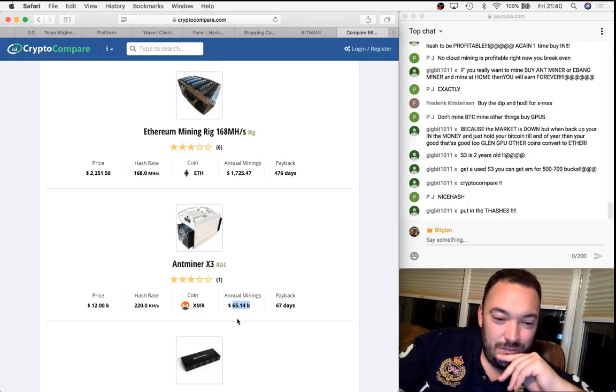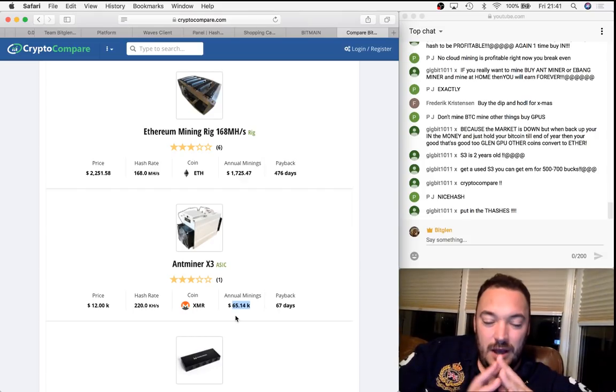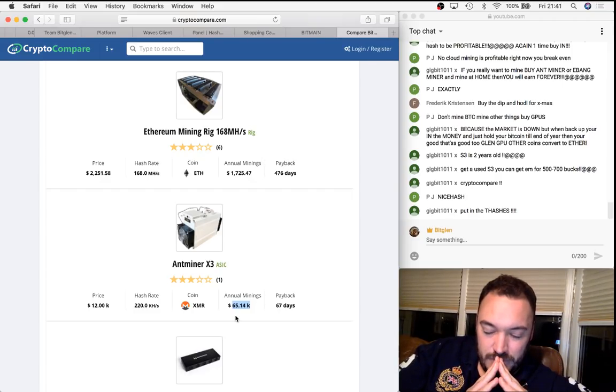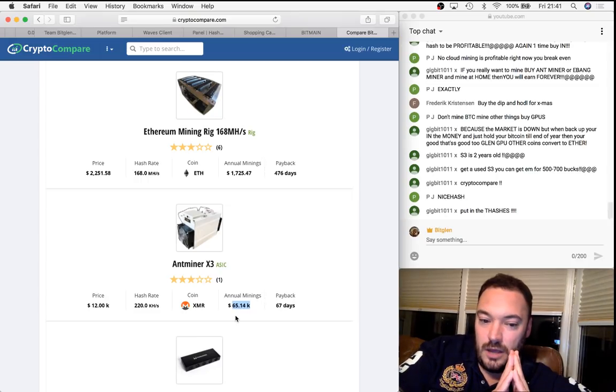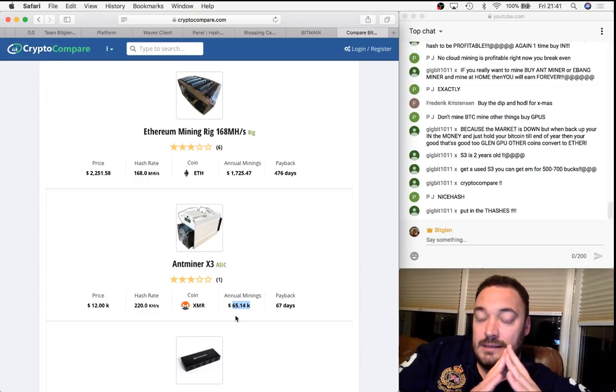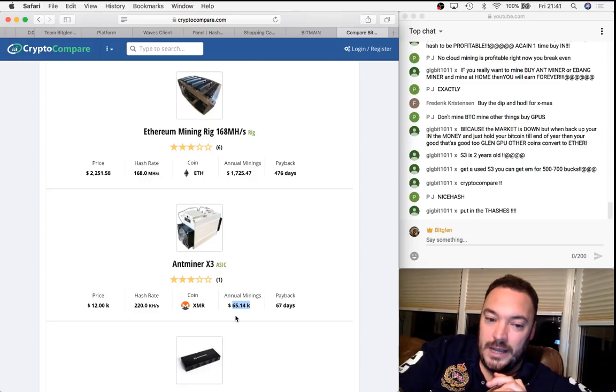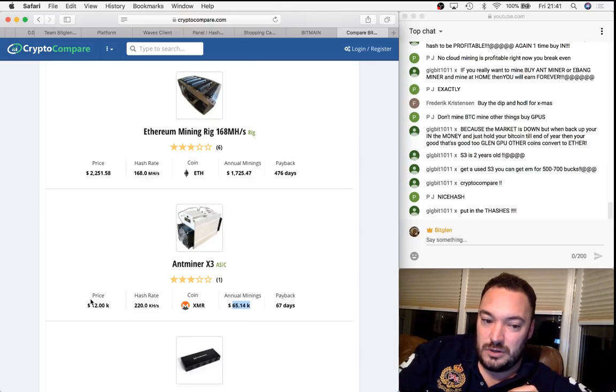But apparently, I think Monero was saying when they have their hard fork in a couple of weeks' time, when they hard fork into Monero V, they're going to make it so that ASIC miners can't mine on their CryptoNight algorithm, making these absolutely worthless. So you could spend 12k.